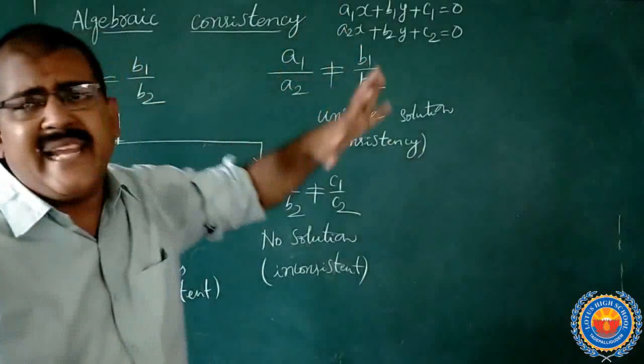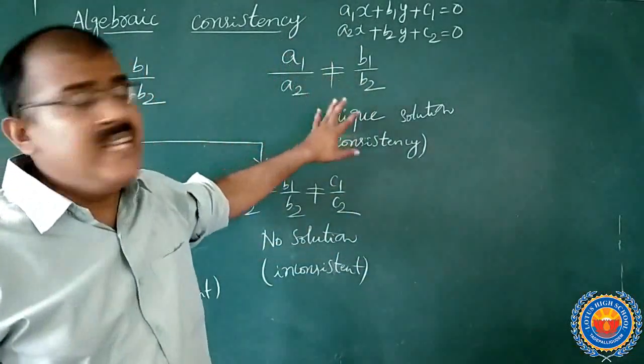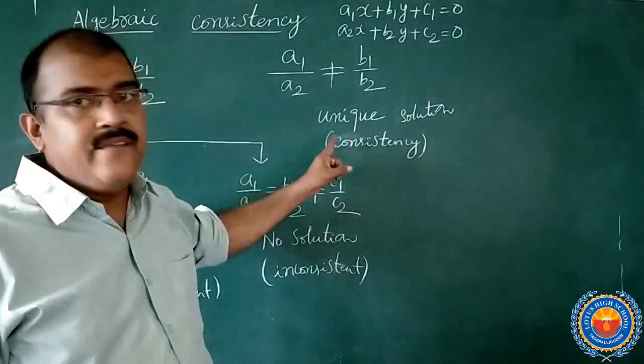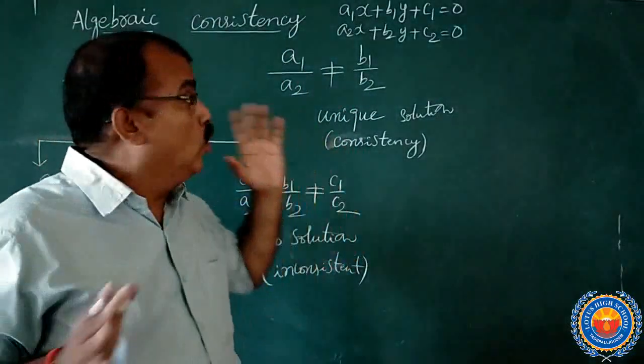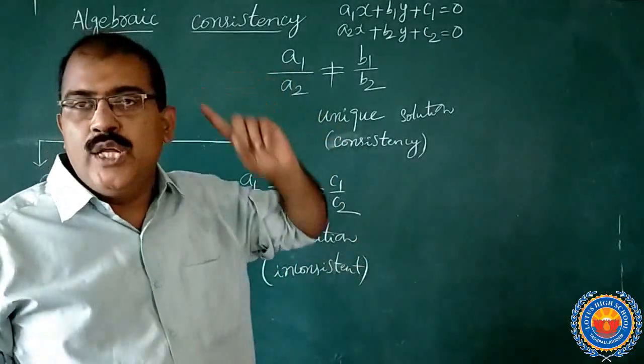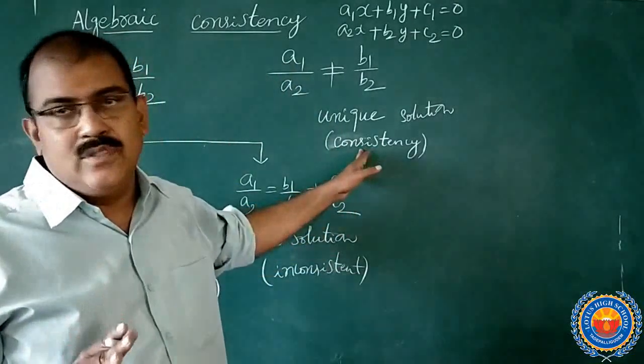You take any pair of linear equations and check this condition; if a1 by a2 is not equal to b1 by b2, then those two equations have a unique solution. If it is a unique solution, we can say that is consistent.